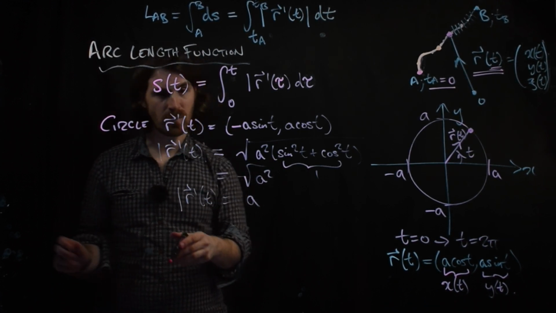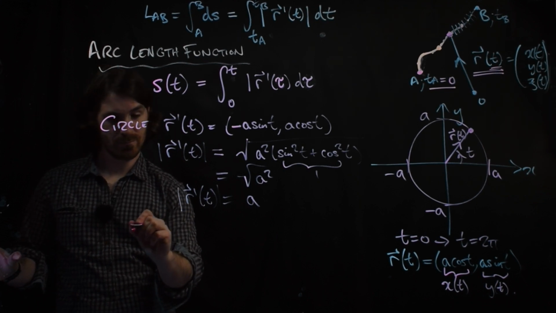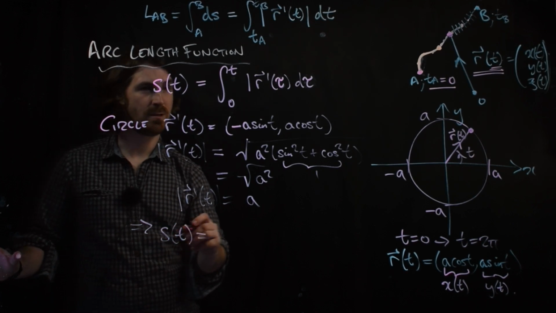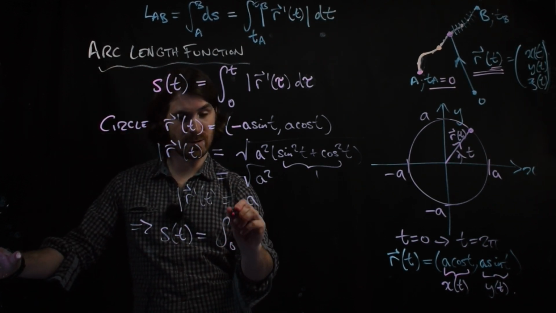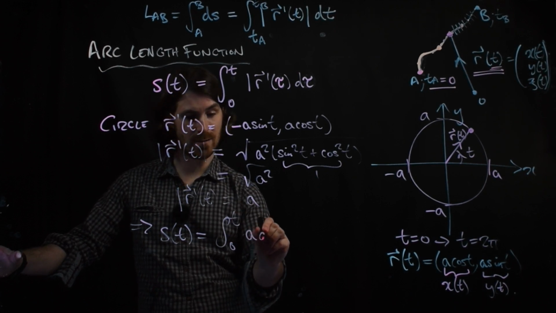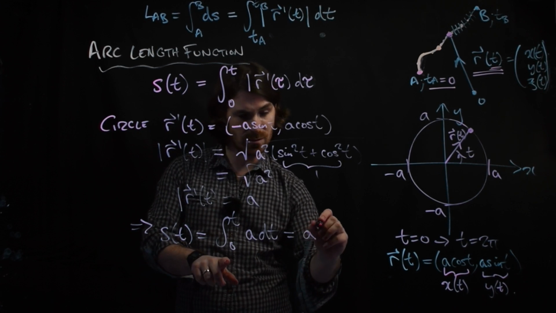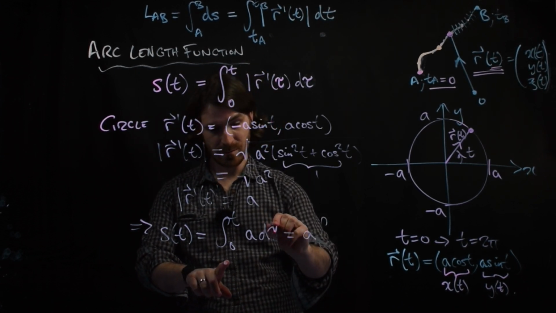Okay, so that means that for the circle, this s of t function is equal to the integral from 0 to t of a dt, which is just, we can bring the a out front, integral, oh yeah, we're going to call this tau. Sorry.